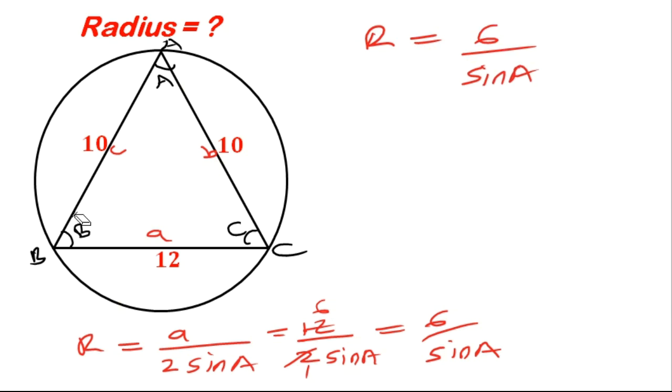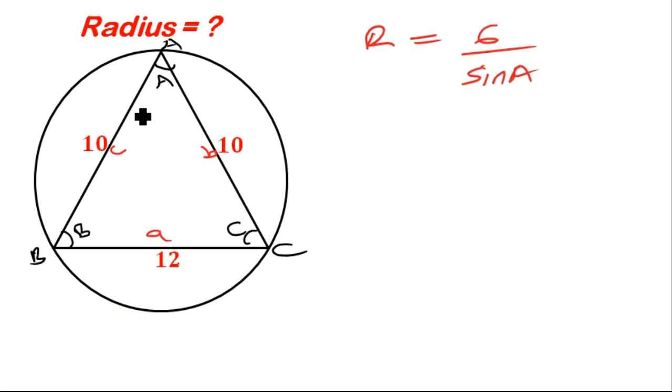Having found the radius r to be 6 over sine A, we can now use the cosine rule to give the relationship between the sides of the triangle and one of the angles.